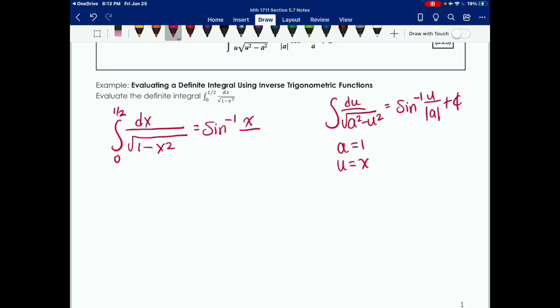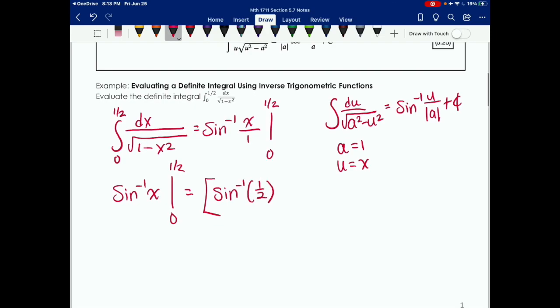Since u is x, I put x over the absolute value of 1, which is just 1, and then I'm going to evaluate that from 0 to 1/2. So I don't need to keep that 1 under there. I'm going to rewrite that as just inverse sine of x from 0 to 1/2.